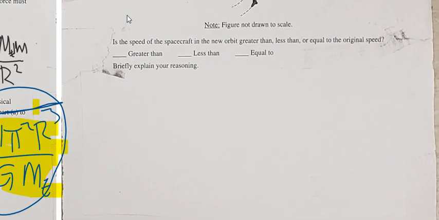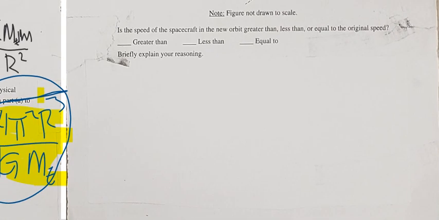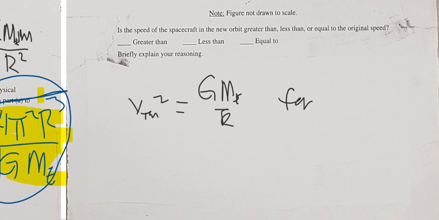Okay, so for my other one, I had VTAN squared equals G ME over R. Okay, I'll maybe put from B part I.